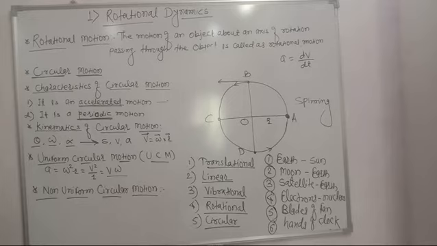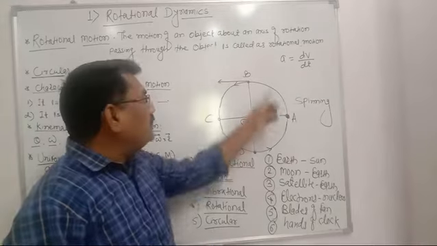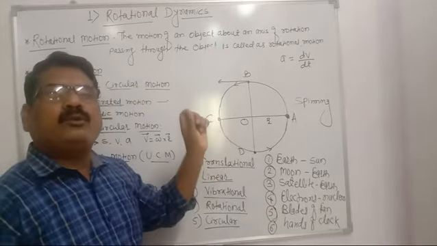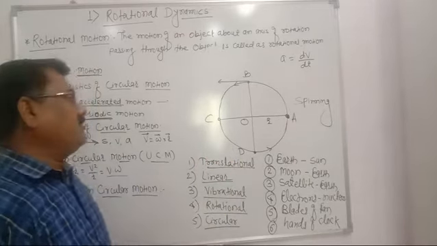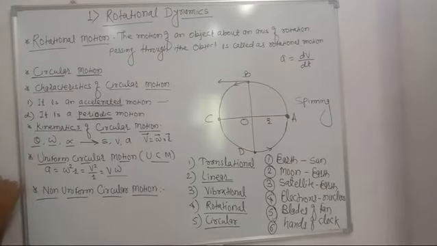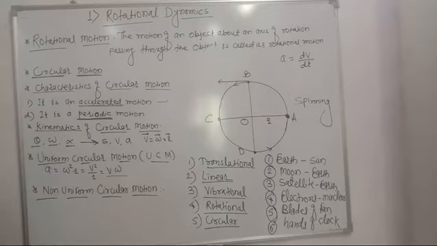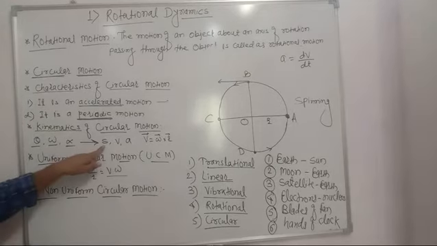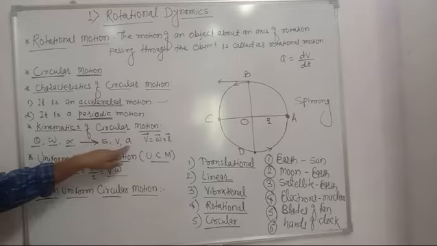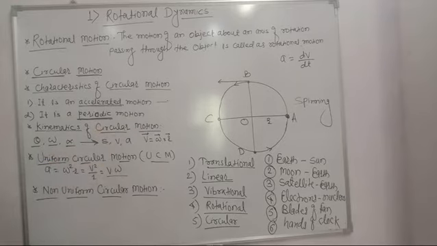See here, dear students, in order to describe the circular motion, we have to know the quantities like angular displacement, angular velocity, and angular acceleration, which are related with or analogous to linear displacement, linear velocity, and linear acceleration in linear motion or rectilinear motion.